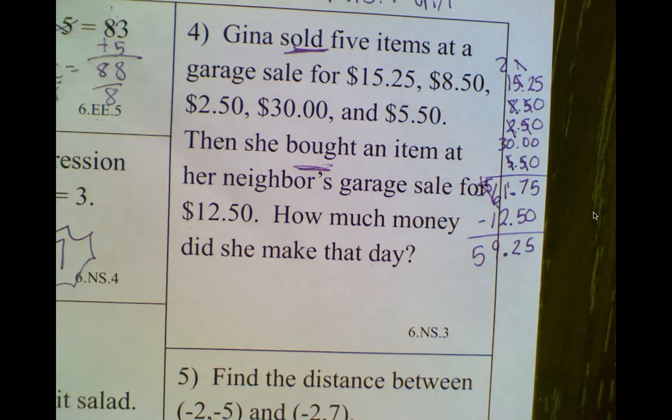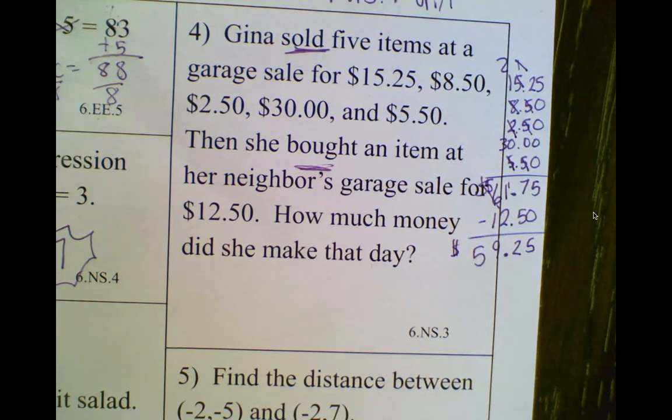I must have messed that up because my answer is different on my sheet of paper. Let me double check here. I must have written something down wrong. 15.25. Don't have you guys here to correct me. Ripley, stop.